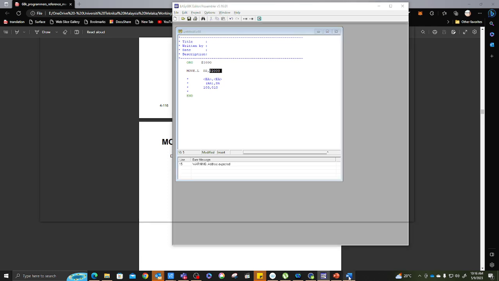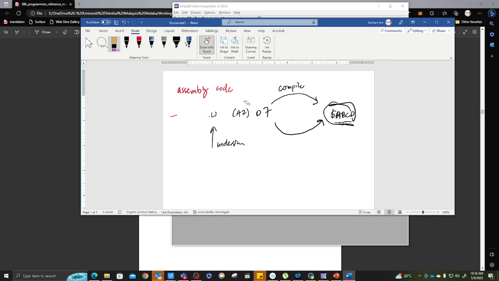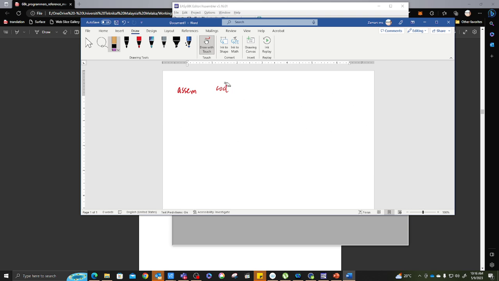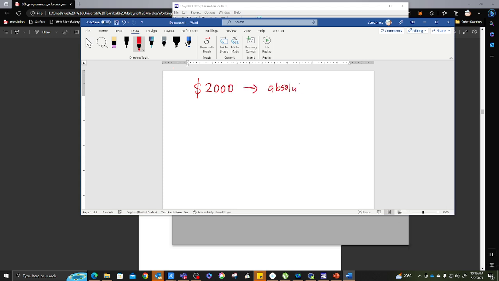So what you need to understand here for this case is which one to use. For the case of only 4 digits, for example here $2000, this is considered absolute short.